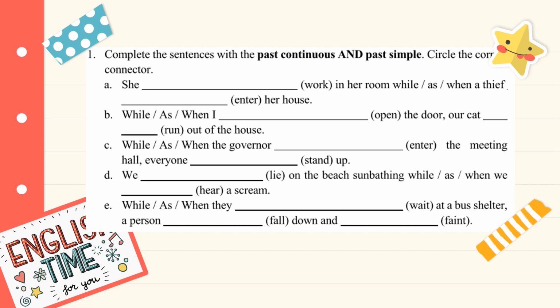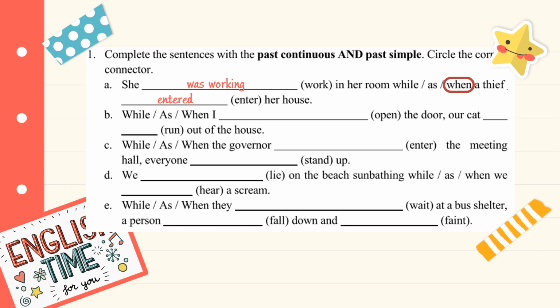Okay, now A. She blank in her room while or as or when a thief blank her house. So the answer must be was working. The connector must be when. And the answer for this is entered. That's right. Past continuous, connector when, entered.